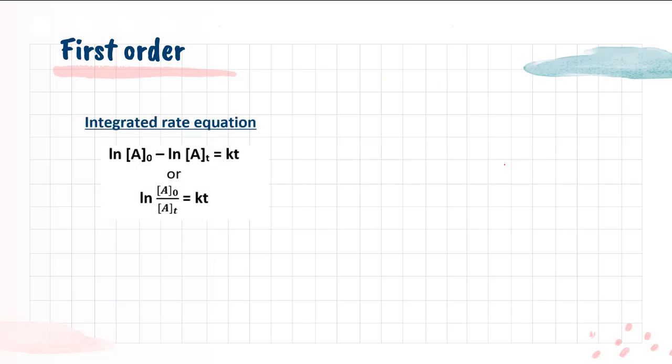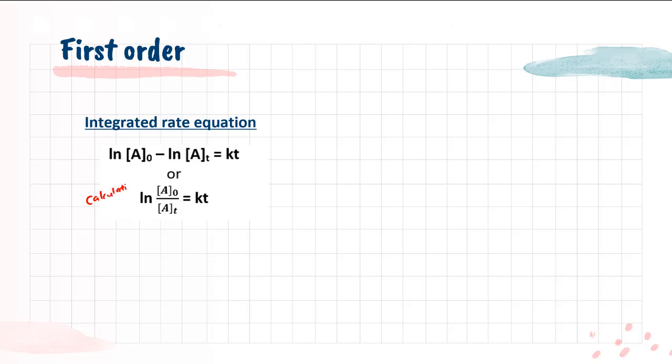The first order integrated rate equation can be represented in 2 ways. First, you have ln A0 minus ln At equals kt. Or we simplify using one ln only: ln A0 over At equals kt. Normally, if you want to do calculation, we will use the second one.